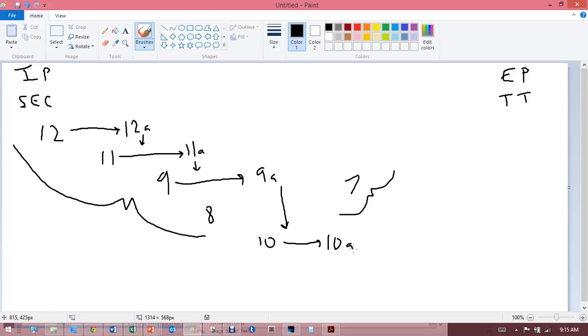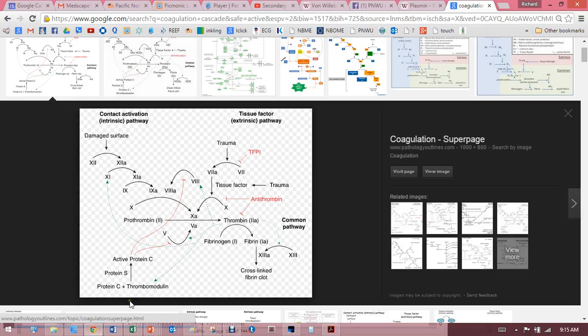8 operates a little bit separately. It becomes activated, and the thing that activates it, I don't have that on here. Let me pull up the picture I was looking at to learn this. There it is.